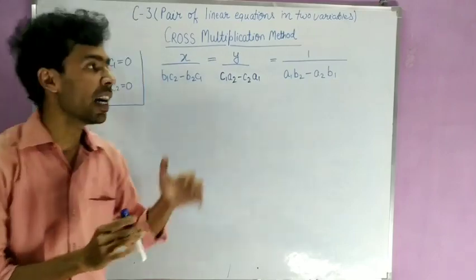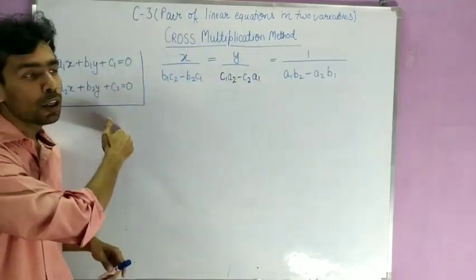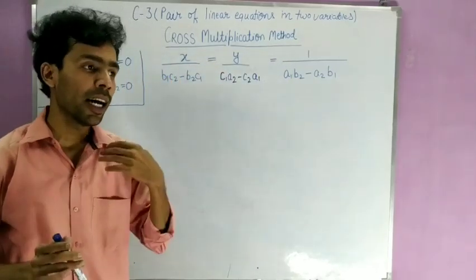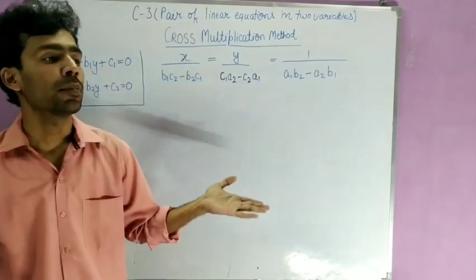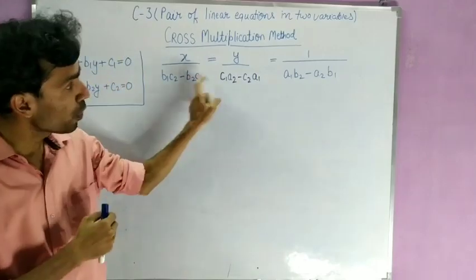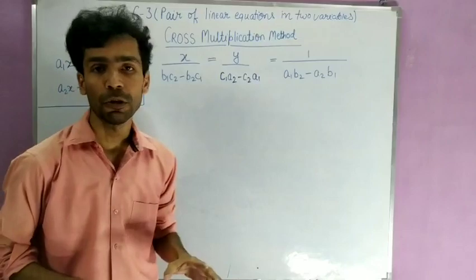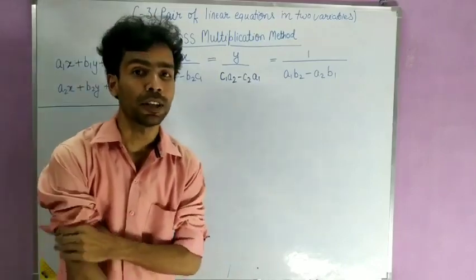So I have written the formula directly. I think you know how to solve a pair of linear equations by substitution or elimination method. This formula you have to remember. Without this you can't solve the question by cross multiplication method.